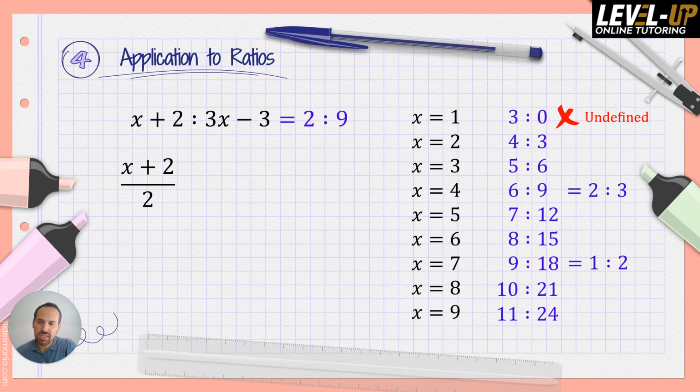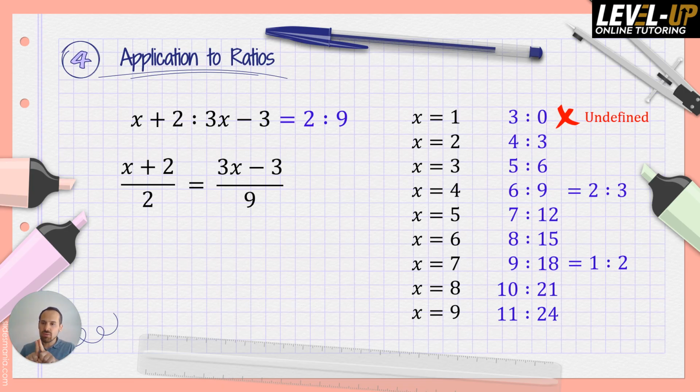So x plus 2 represents 2 parts, and 3x minus 3 represents 9 parts. If we do x plus 2 divided by 2 and 3x minus 3 divided by 9, they're both going to represent 1 part.